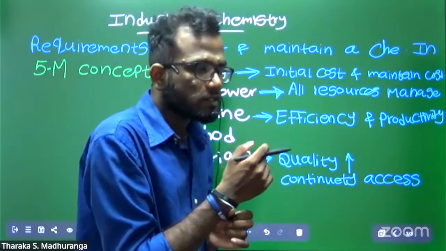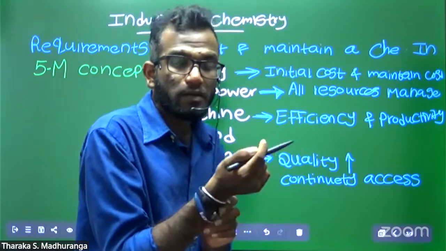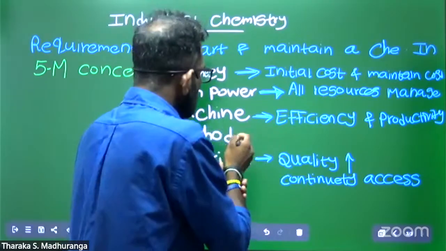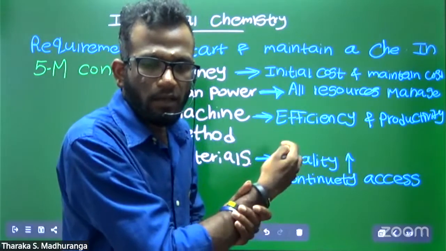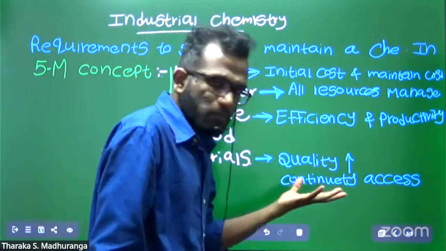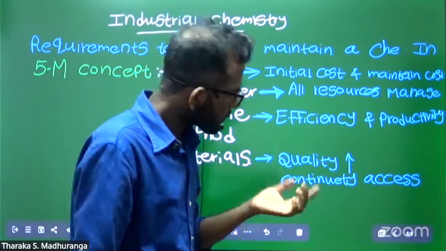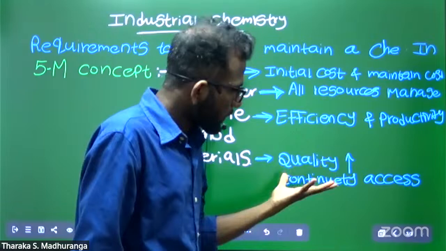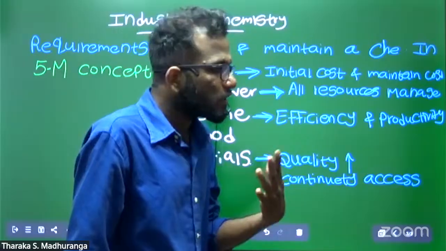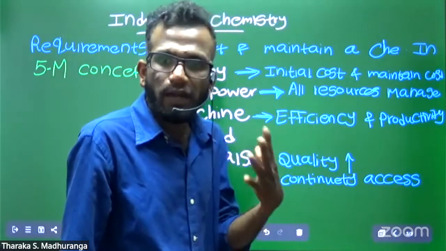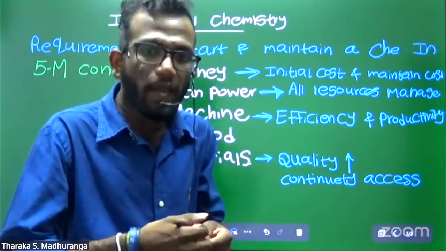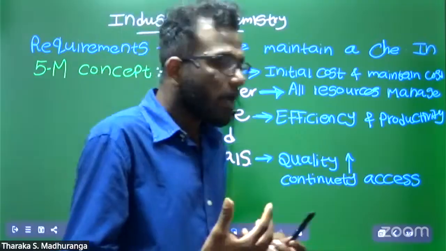I will explain that later, when we come to the method, that's why I skip it. Okay, when I select raw material, the quality should be high, and we need the ability to supply in the required quantity continuously. We have the ability to access.